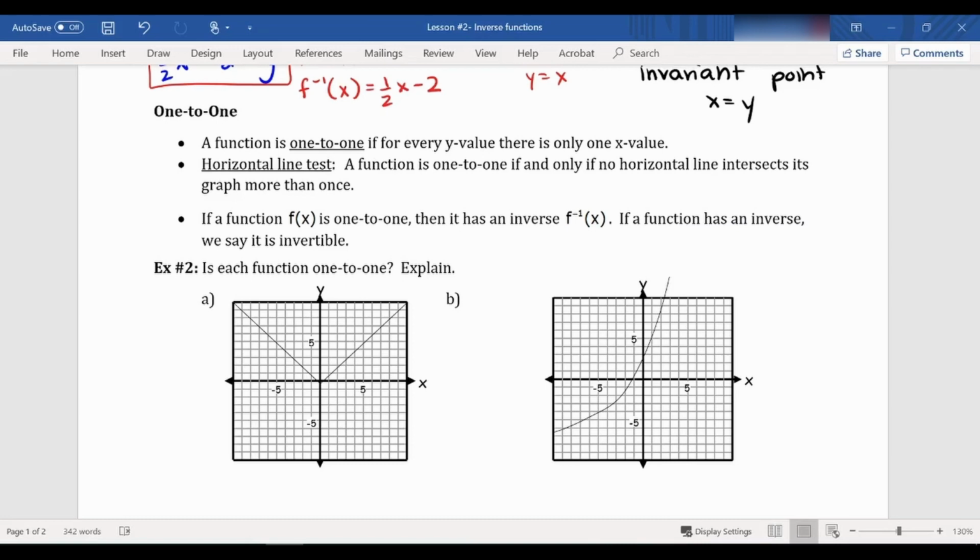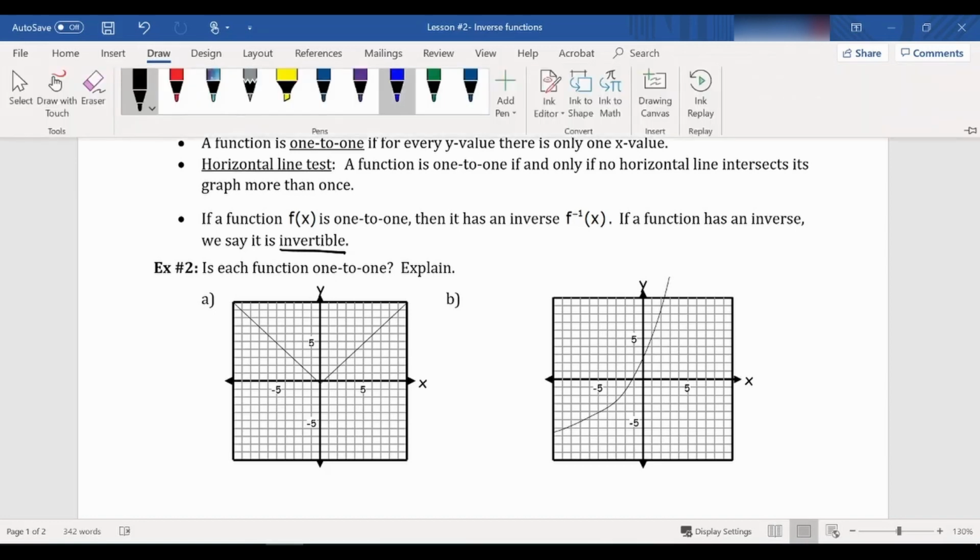So if the original function is 1-to-1, then the inverse is also a function. If a function has an inverse, we say it is invertible. So if I want to know if something is 1-to-1, I can do a horizontal line test.